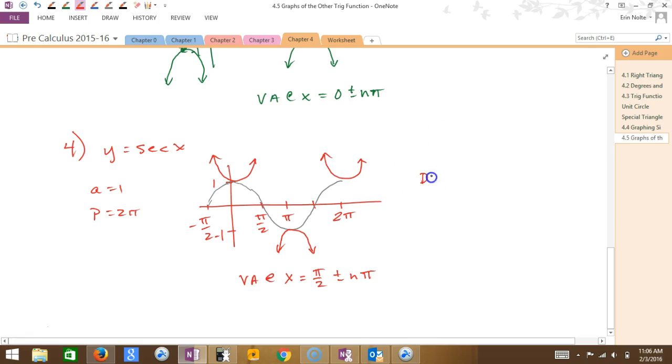Okay, so if we list the domain, it's going to be all reals except pi over 2 plus or minus n pi. And my range is going to be the same as my cosecant. So from negative infinity to negative 1, and from 1 to infinity.